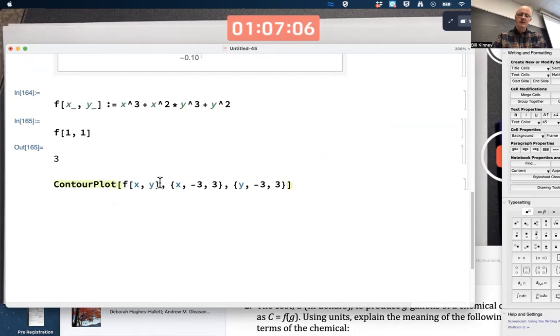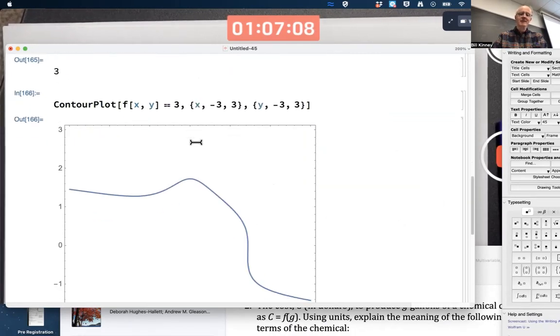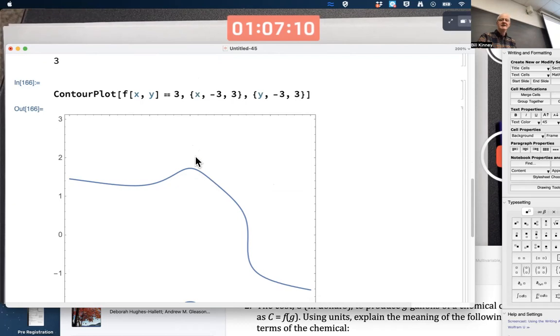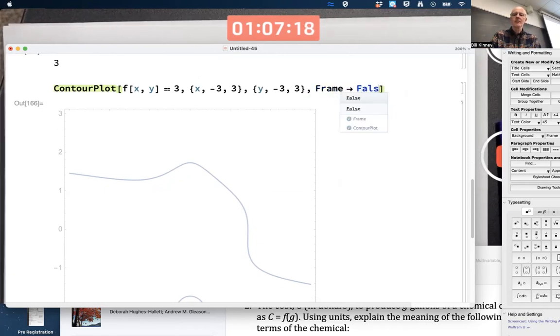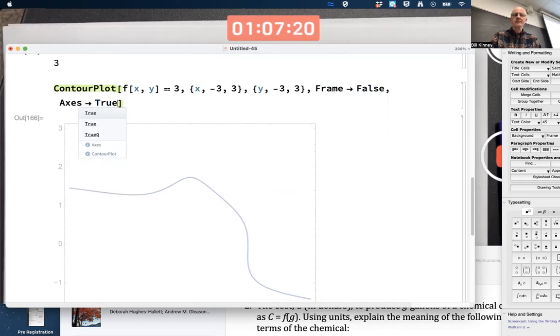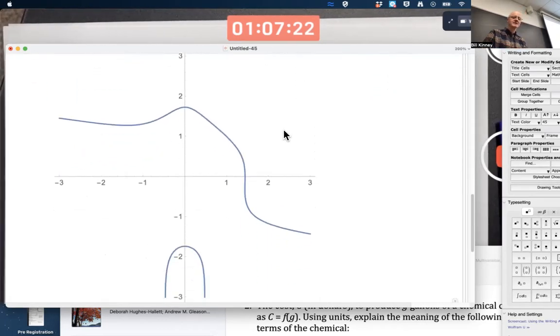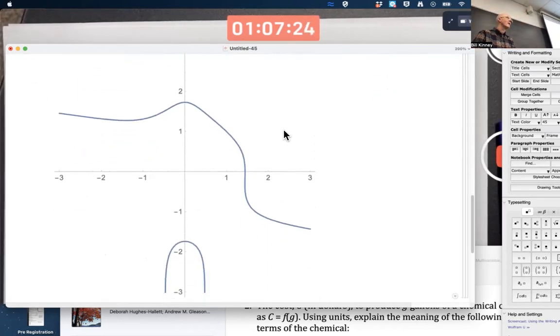Let me first type the function in here. So f of 1,1 is 3. I'm going to set this equal to 3, double equal signs. There's the curve. All the points on that curve satisfy that equation. Those are the points where the output of this function is 3, including the point 1,1, right about there.